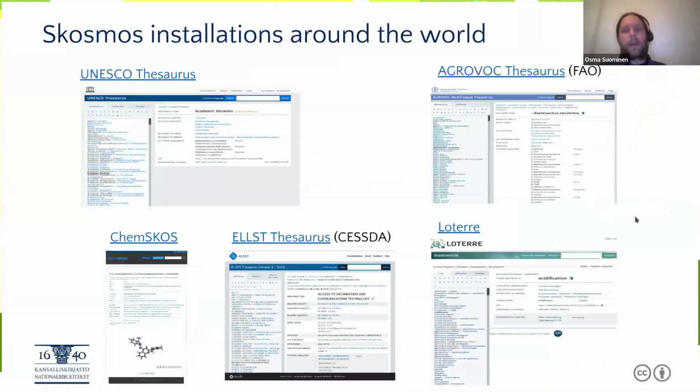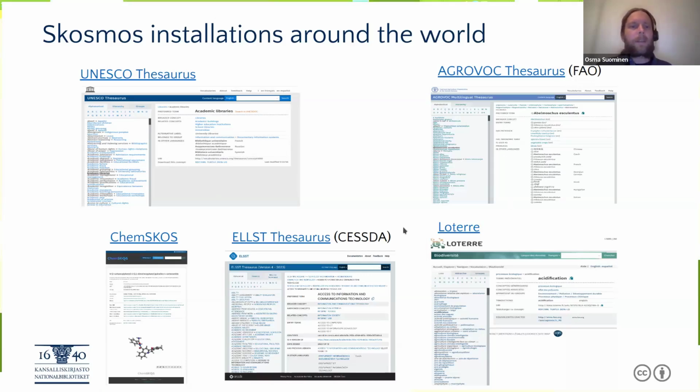But there are also many others who use Skosmos because we provide it as open source. Here are just a few of them. The main ones that we want to showcase are the UNESCO thesaurus, by UNESCO, the cultural organization of the UN, and the AgroVoc thesaurus browser by the FAO, another UN organization.